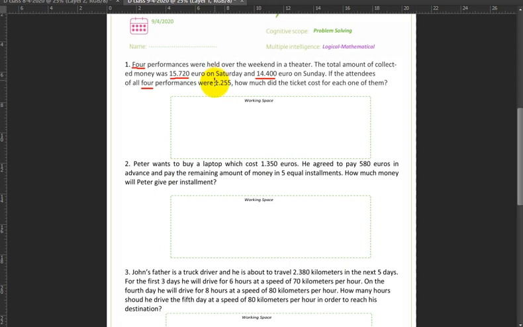So what I need to do is find out how much money was made overall, and then I need to divide that. So we are going to do 15,720 plus 14,400. Let's do that.